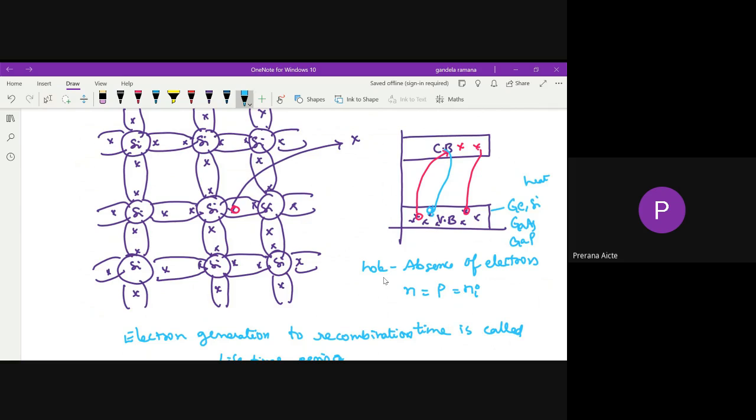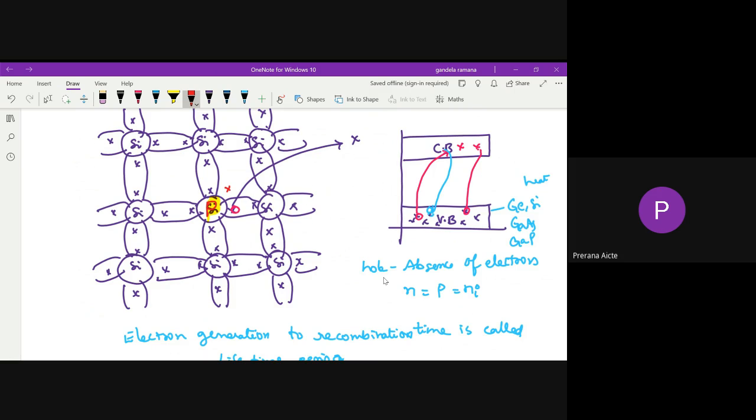In this, we want to add a fifth group element, phosphorus. What happens when we add the fifth group element phosphorus? The outermost valency of electrons is 5.